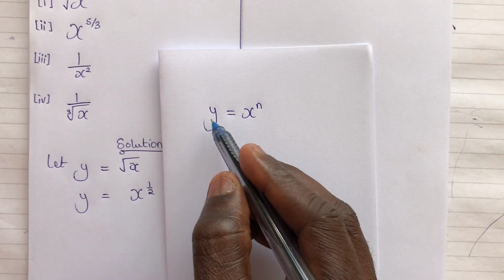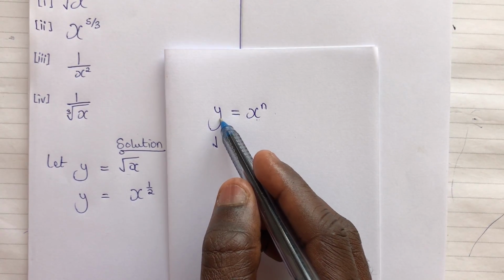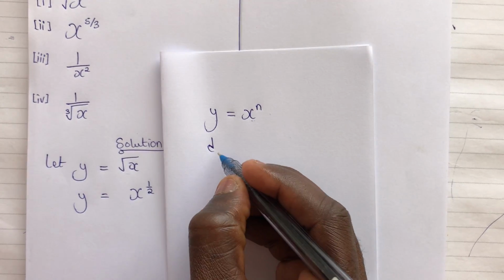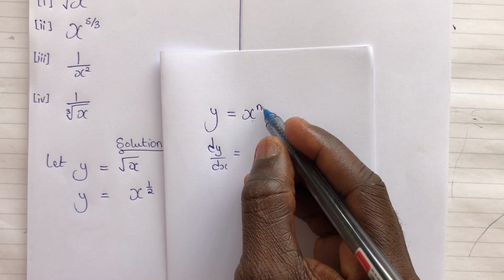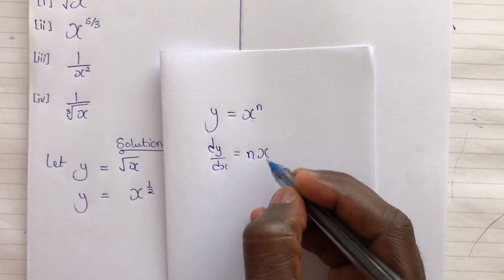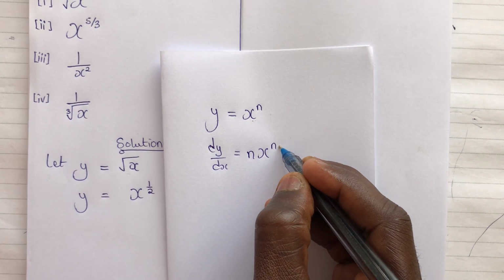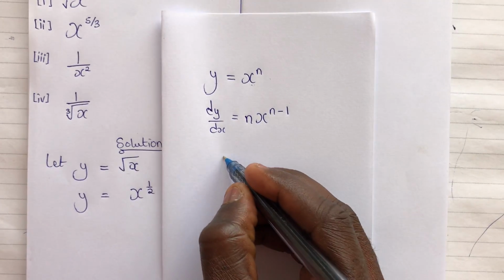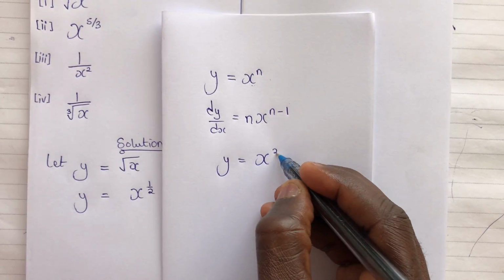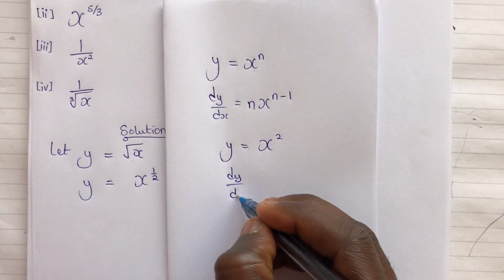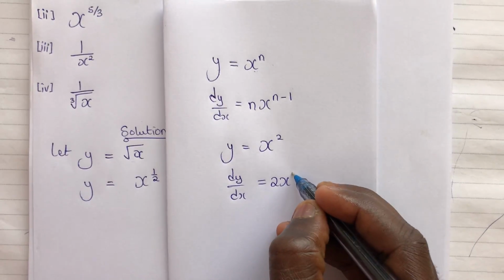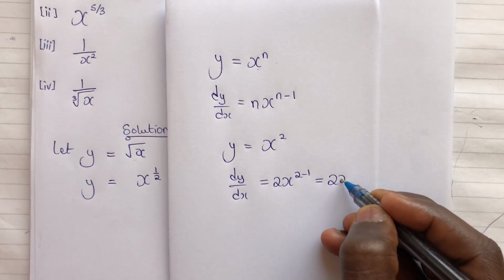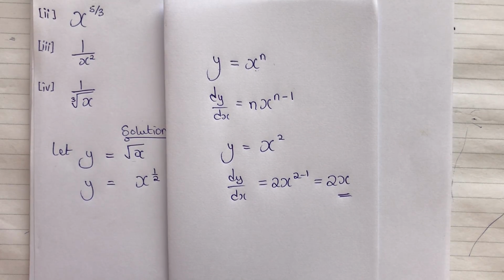The power rule says that if you want to differentiate this, the derivative of y with respect to x, dy/dx, is given by using the exponent to multiply the function, n times x, then reduce the exponent by 1, so n x to the power n minus 1. This is the power rule, where n can be any positive or negative number. For instance, if we have y equal to x squared, then dy/dx gives us 2x to the power 2 minus 1, which is the same as 2x. Do we get it?